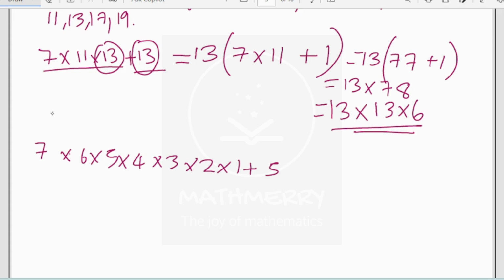What we can say about this number is that we have 13 and 6 as factors. It's not just 1 and itself, right? So we can write that 6 and 13 are factors, so it is composite.